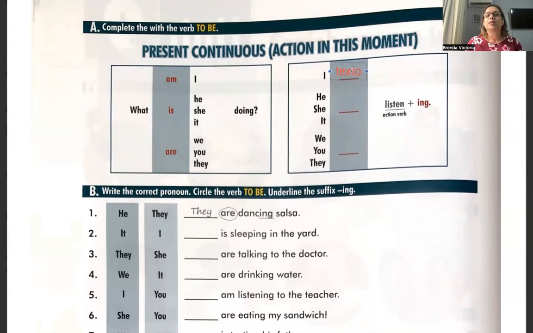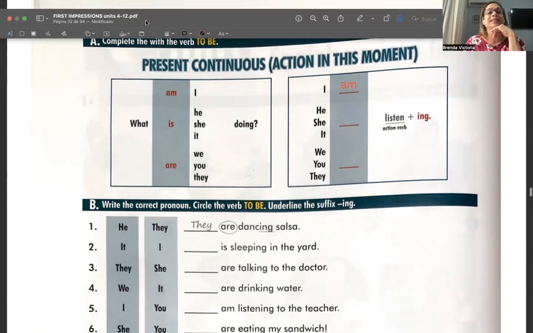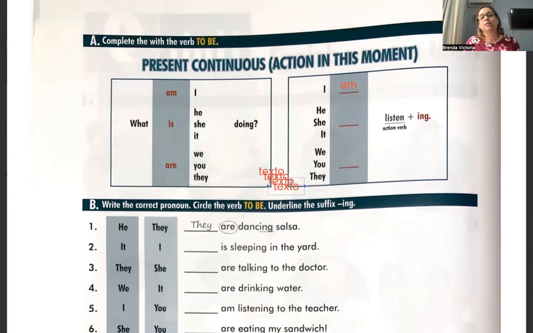In this question, what is he doing? What is she doing? Or what is it doing? The answer would be he is listening, she is listening, or it is listening. So depending on the subject, we are going to use the appropriate verb to be. In this case, is.